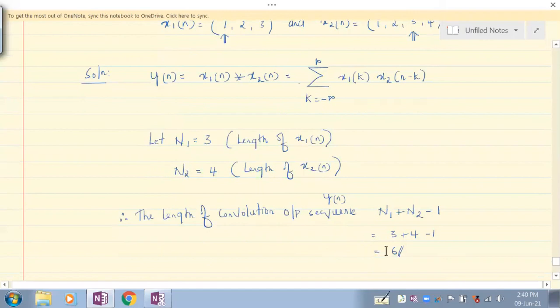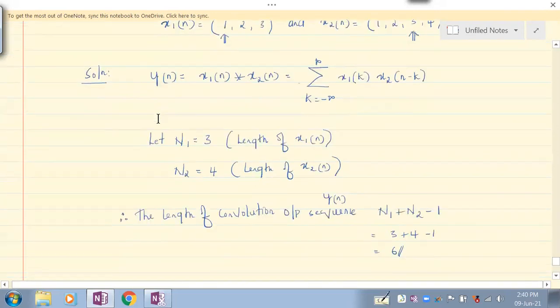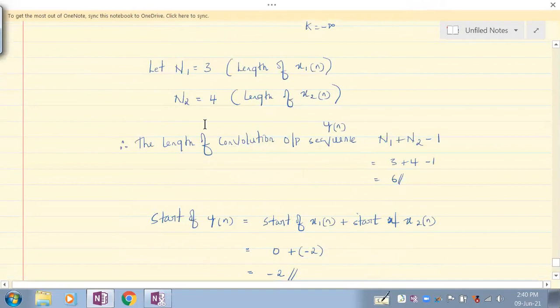Understand? Among these six samples, which would be our 0th sample needs to be understood. Because in the first sequence, the first sample itself is the 0th sample. In the second sequence, the 3rd sample is the 0th sample. That means in y of n, which has 6 samples, what will be the starting point?